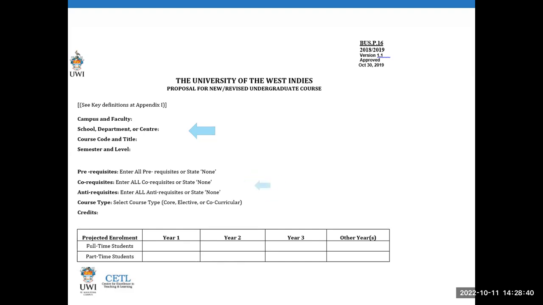And then, of course, you must have some sort of projected enrollment. Now, this is where it gets, I wouldn't say a little tricky. You want to make sure this is tied to the financial projection for the actual program.